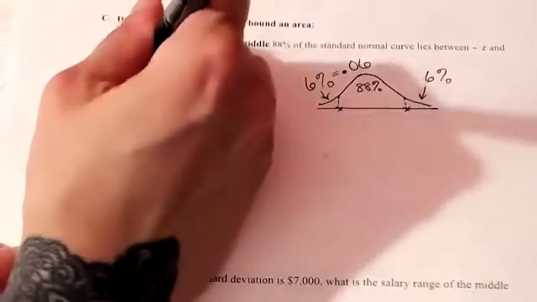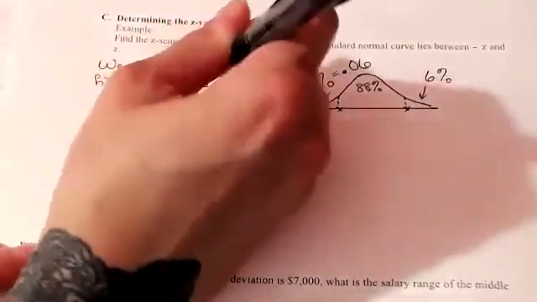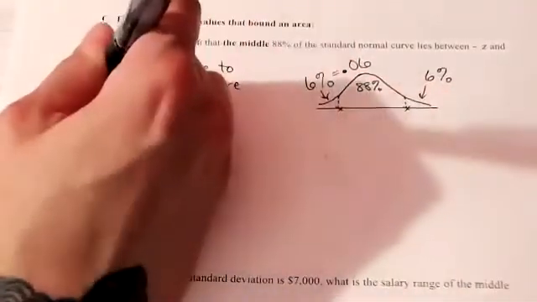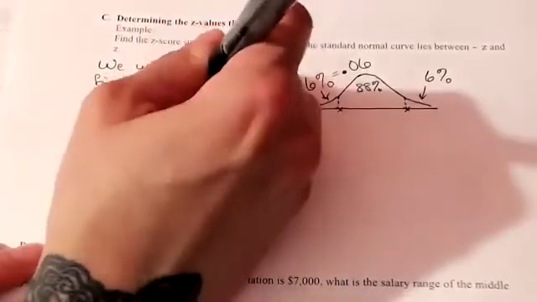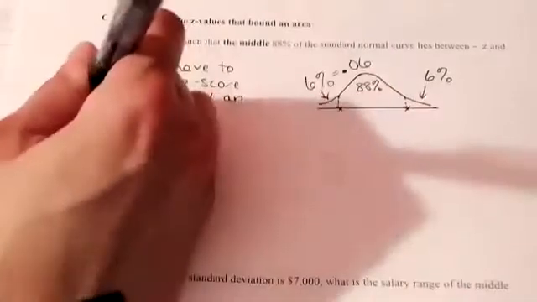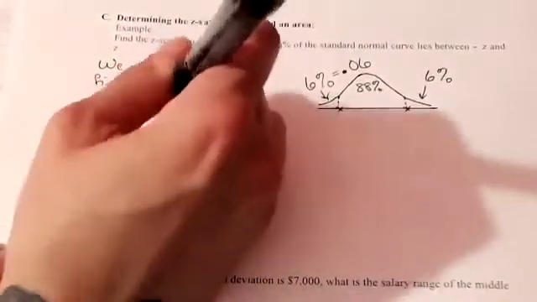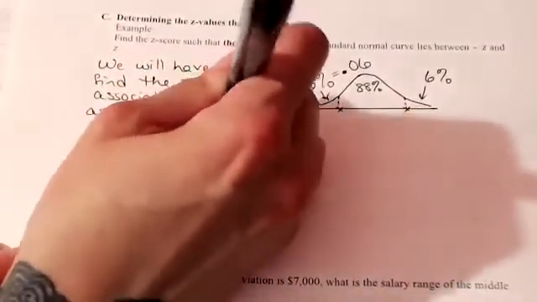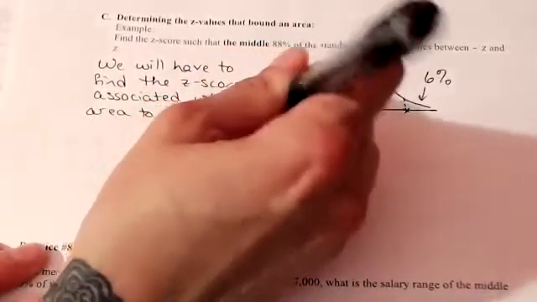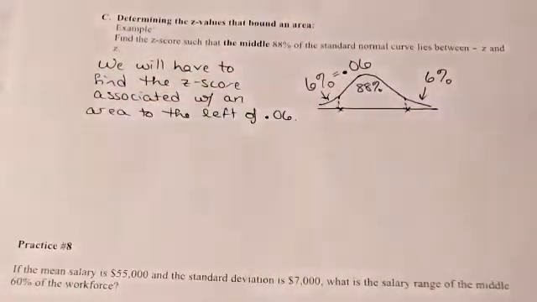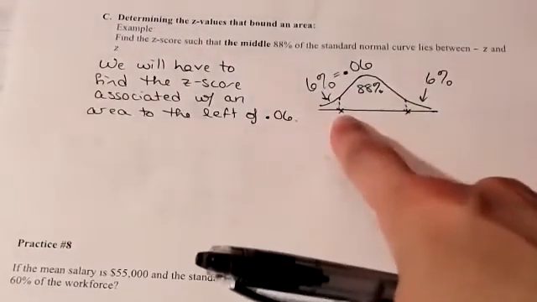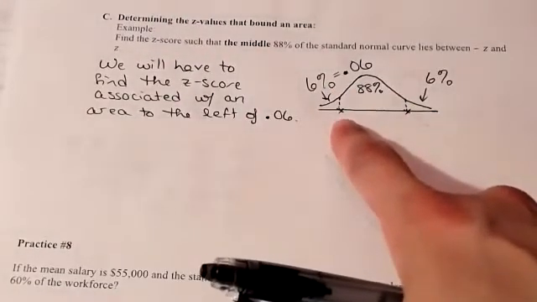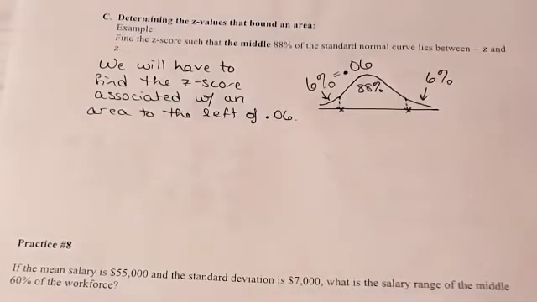We will have to find the z-score associated with an area to the left of 0.06. So go to your z-score table. You know that that's definitely going to be a negative value. So go to the negative side of your table and try to find 0.06.